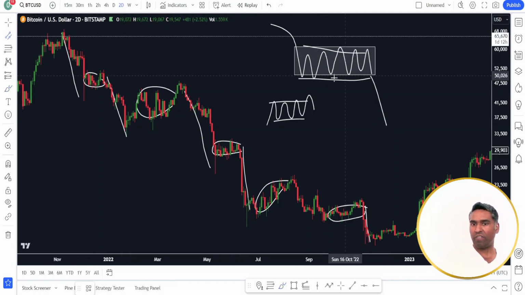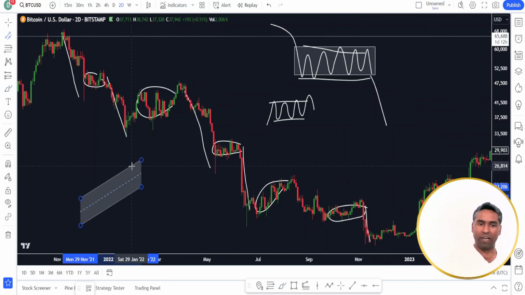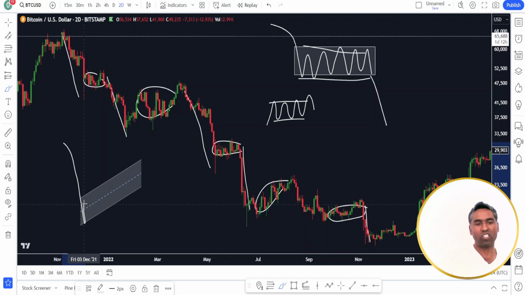The second pattern we are interested in is the flag, or parallel channel. For example, this is a parallel channel. The price was coming sharply towards the downside, and then it slowed down and tried to move inside like this. We can draw a line to the highs of the price, and to the lows of the price.